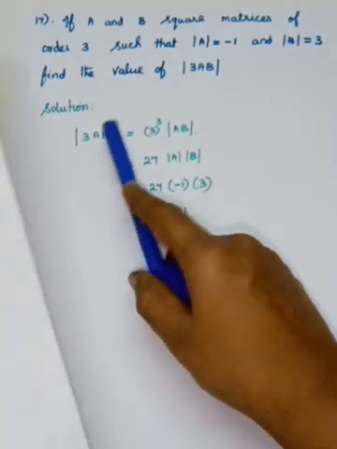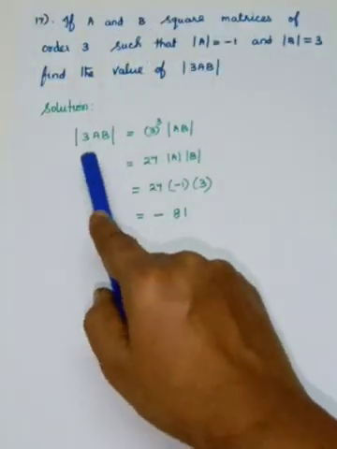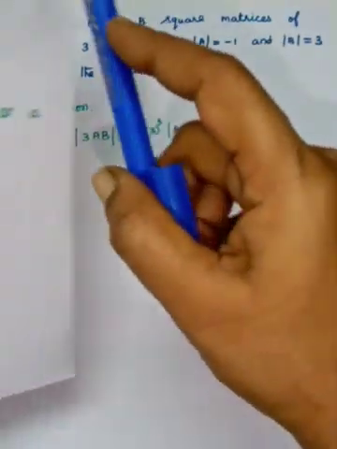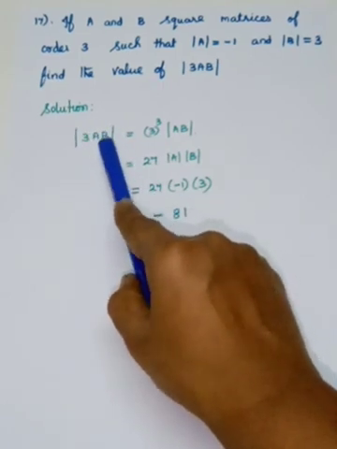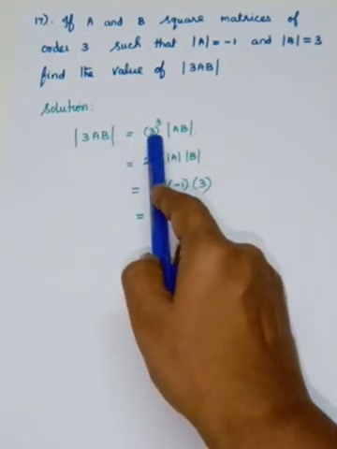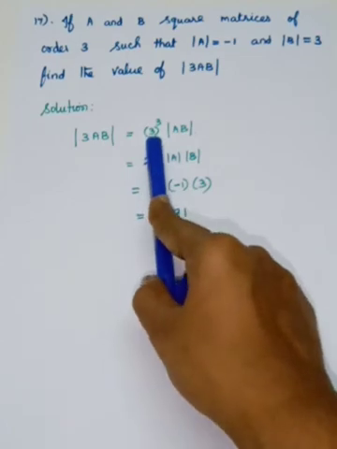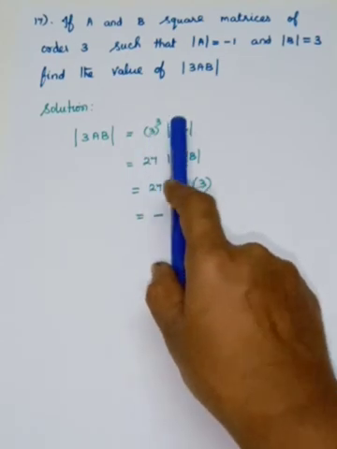Here your constant k is 3. This AB has 3 rows and 3 columns, so from each row you have to take this 3 out. Here you will have 3 cube.